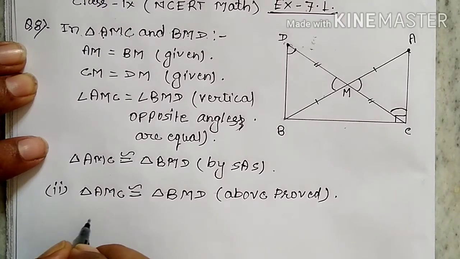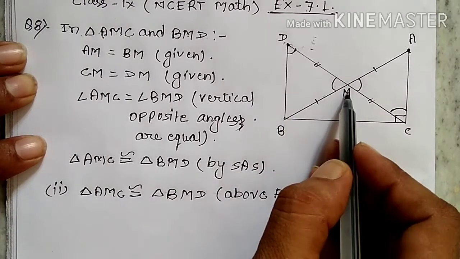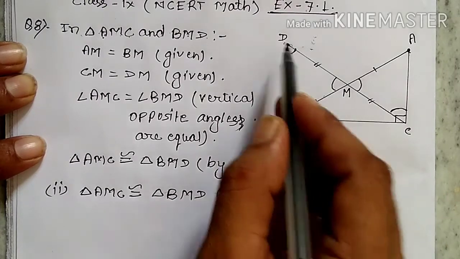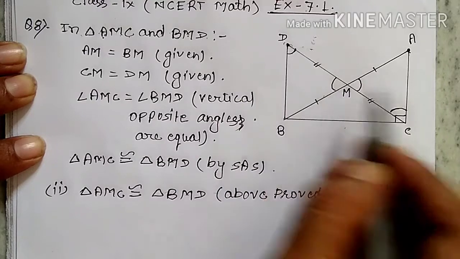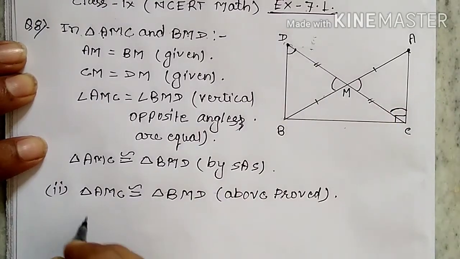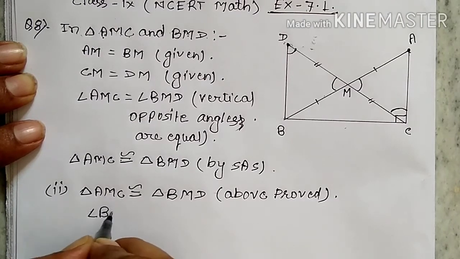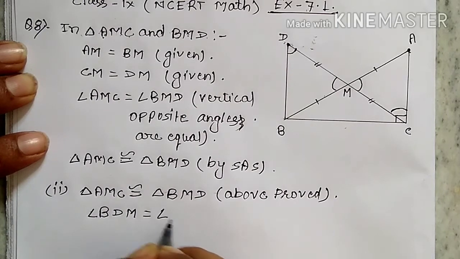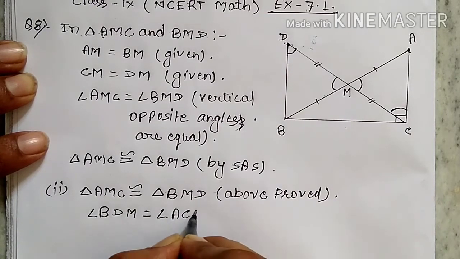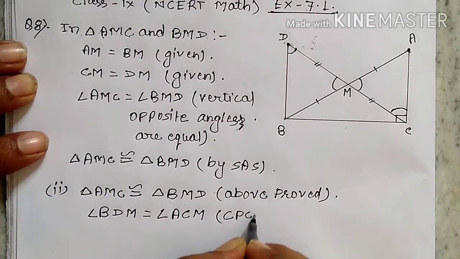So we can write here angle BDM is equal to angle ACM. This is the corresponding part of congruent triangles, by CPCT.